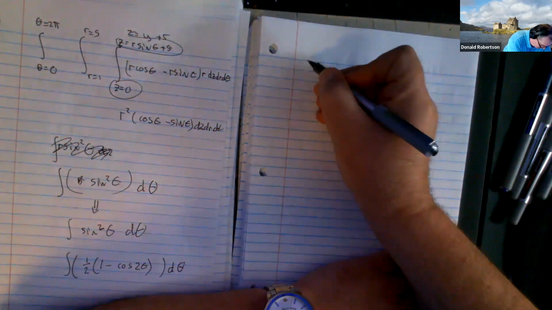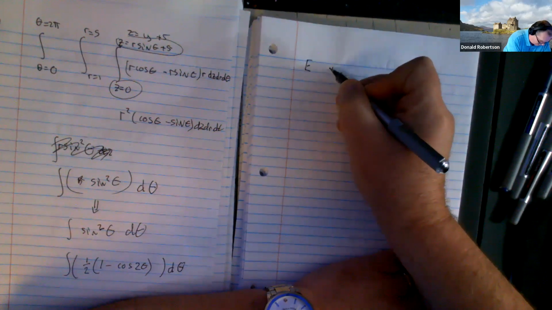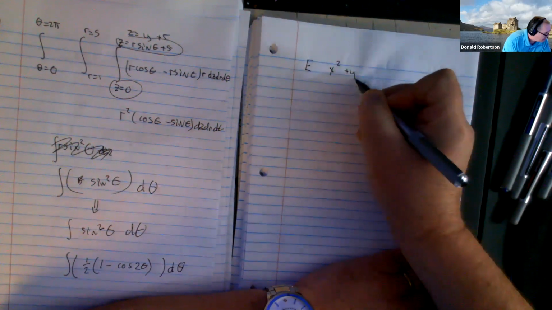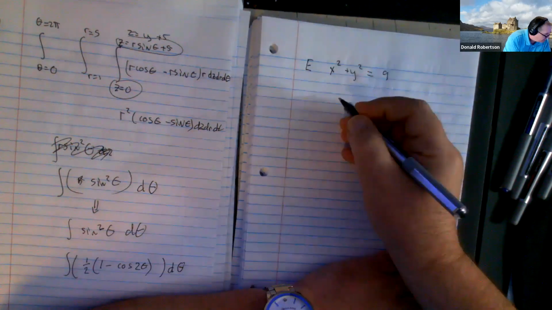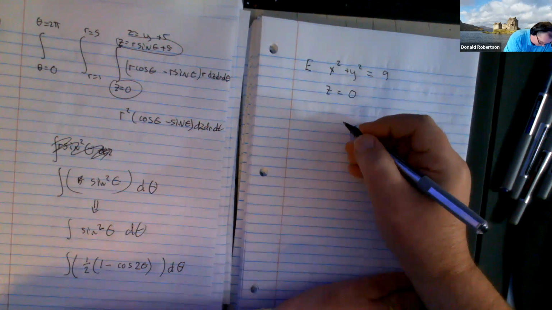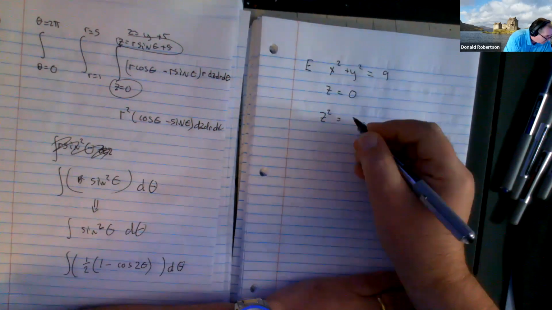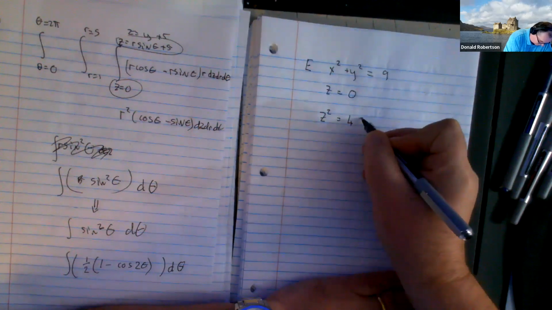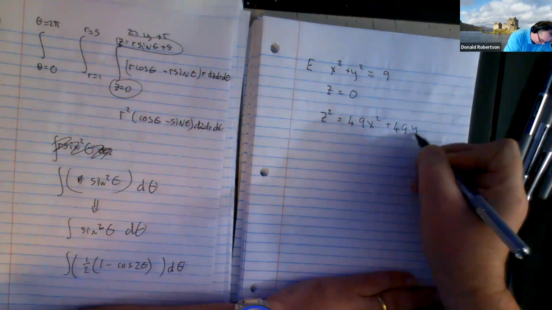A region E that's described as inside that guy. The plane is z equals 0, and the other surface is called z squared equals 49x squared plus 49y squared.